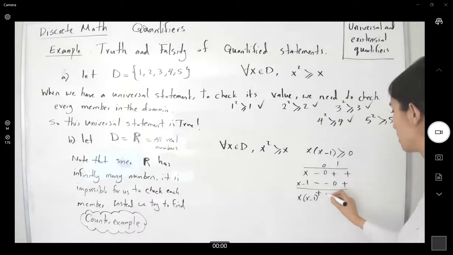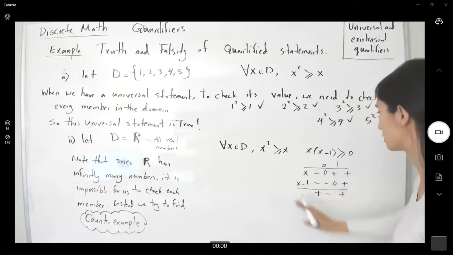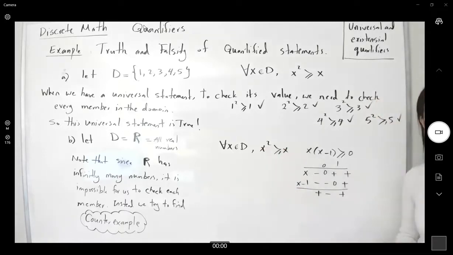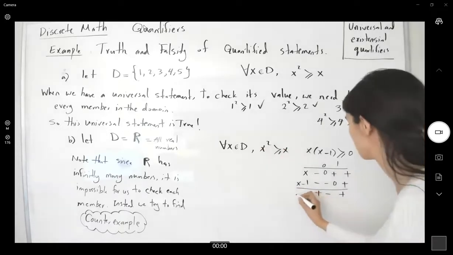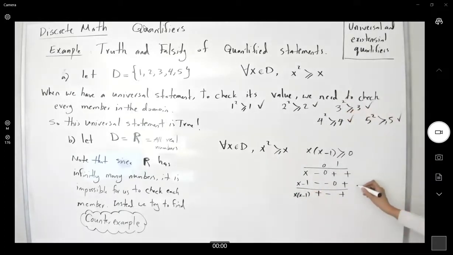So it's going to be positive, negative, positive. If you graph this, this is just a quadratic inequality, x times (x minus 1). This is going to be like this. When your x is between 0 and 1, it's going to be below the x-axis.